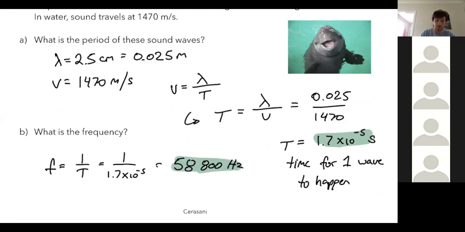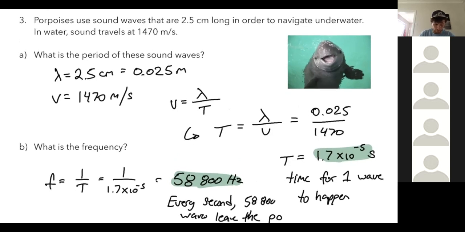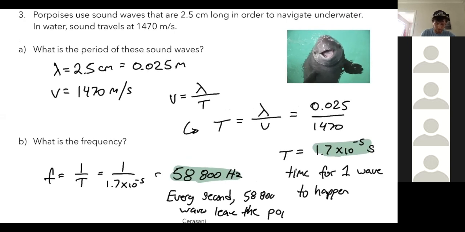That is a huge number. That is saying that every second, 58,800 waves leave the porpoise. How do you spell it? Porpoise. Okay, that is ridiculous.